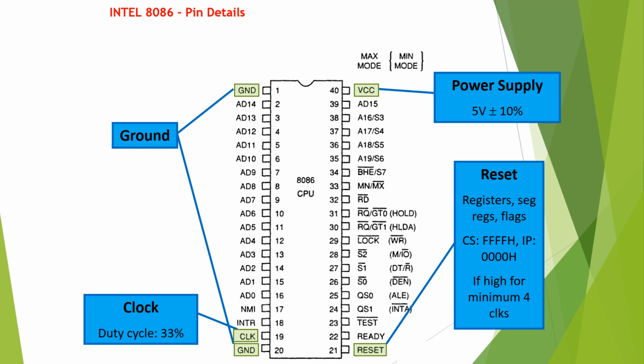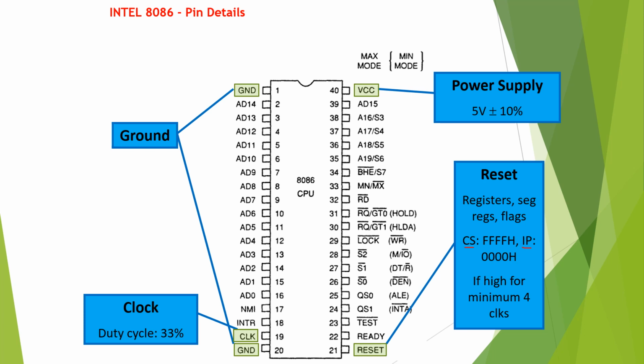When the reset pin is kept high, the code segment and the instruction pointer are set to FFFF for the code segment and all zeros for the instruction pointer. These are the values loaded into these two registers when the reset pin goes high in the 8086.